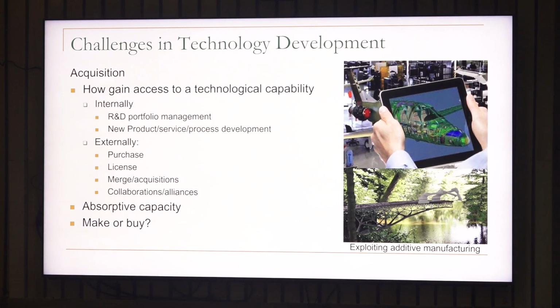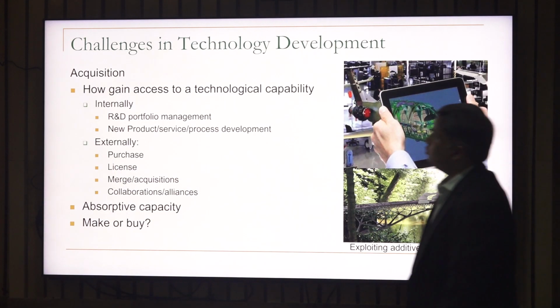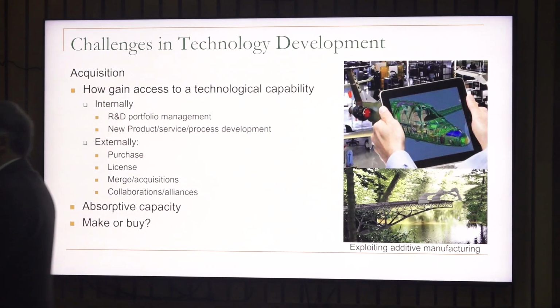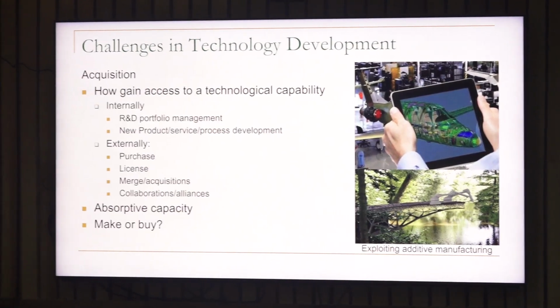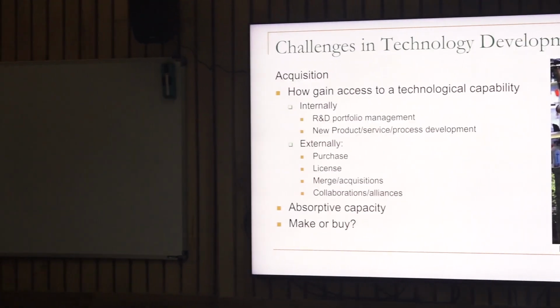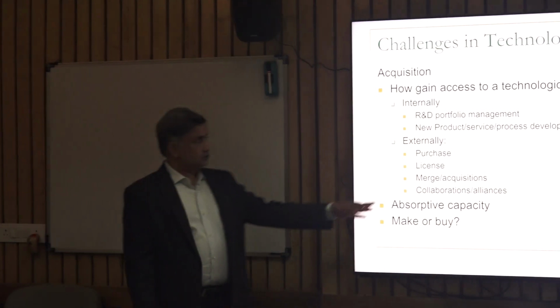Many times certain capabilities you have, certain capabilities you do not have. Certain capabilities you can develop internally through R&D. If you do not have those capabilities, you go for purchase, license, merger, acquisitions, joint ventures, collaborations, alliances.